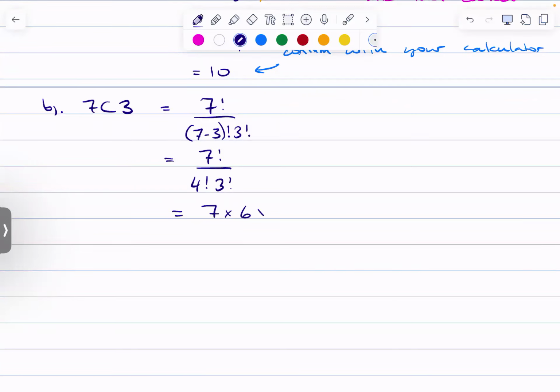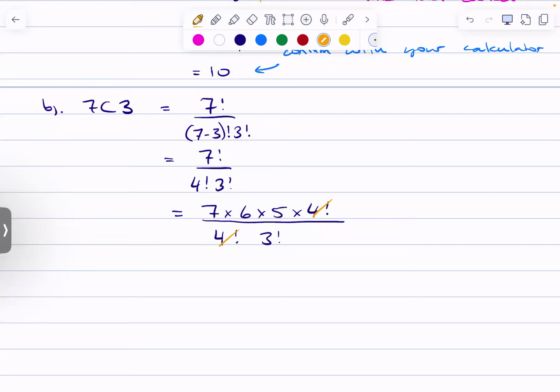7 times 6 times 5 times 4 factorial. Go until the biggest thing in the denominator, and then you're able to cancel them. There's nothing wrong with writing them all out, but it gets really messy and really big. So now 4 factorial can cancel.